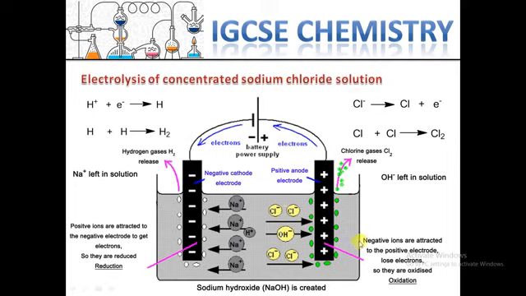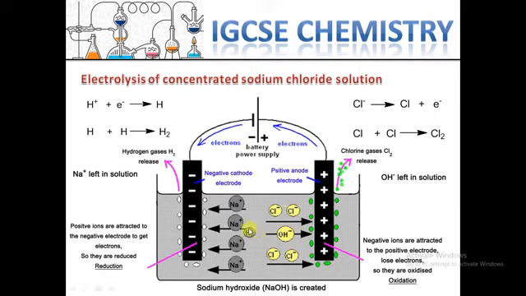We have water and NaCl dissolved in the water, and the sodium positive ions can be separated and the chloride can be separated, and hydroxide ions and hydrogen can be separated from the water.